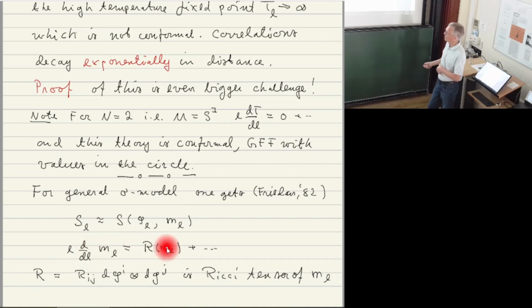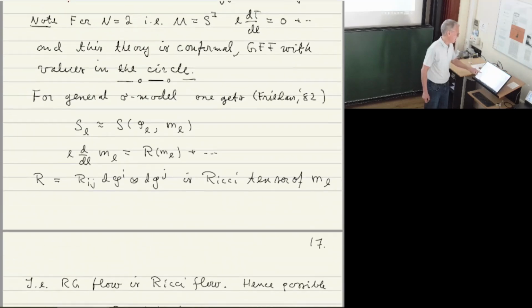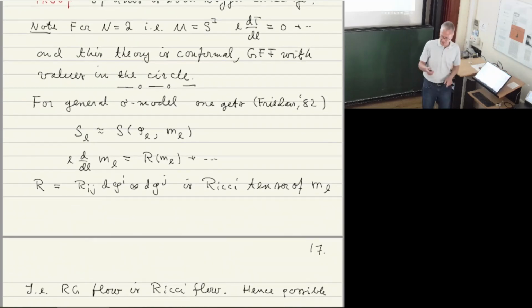The renormalization group equation is the Ricci flow equation, plus irrelevant other terms, where the Ricci tensor is, well, from Wikipedia if you don't know it, a particular tensor, and that's how the renormalization group equation flows. So if you want to have a conformal field theory, this should be 0, right? Like here, for n equal to 2.